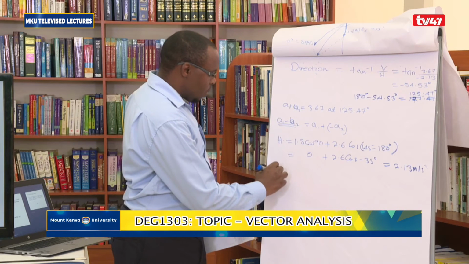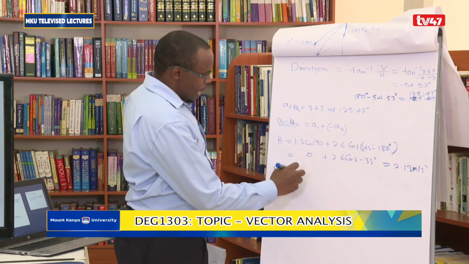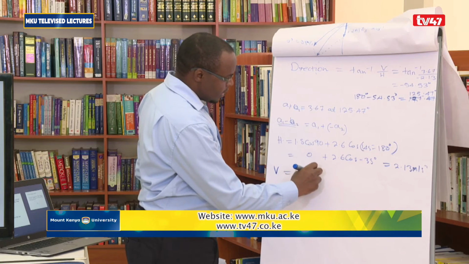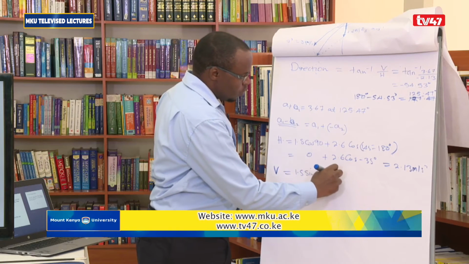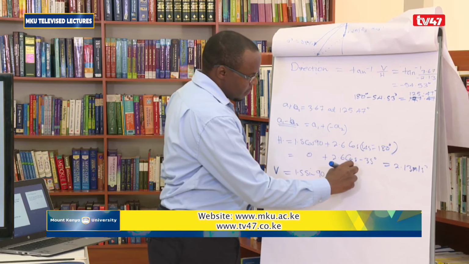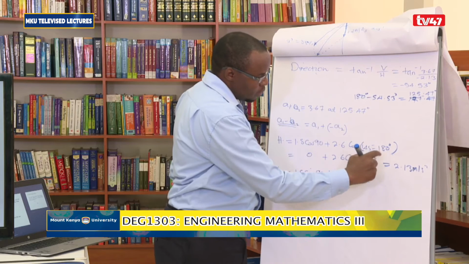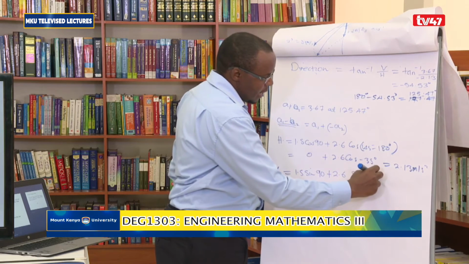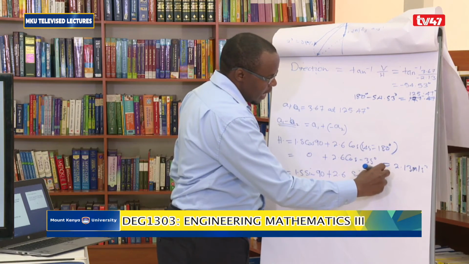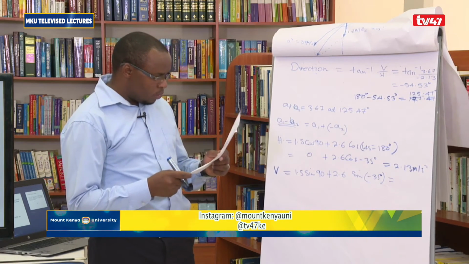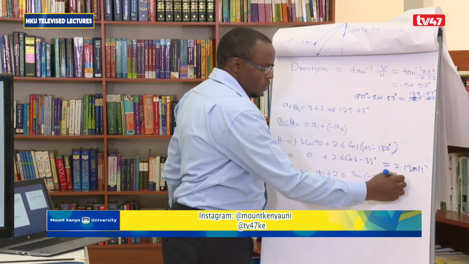And then the vertical component, you just do 1.5 sine 90 plus 2.6 sine. So this one, again, you just do the same, so it's going to be sine negative 35 degrees. And then the answer which you are going to get there is going to be 0.